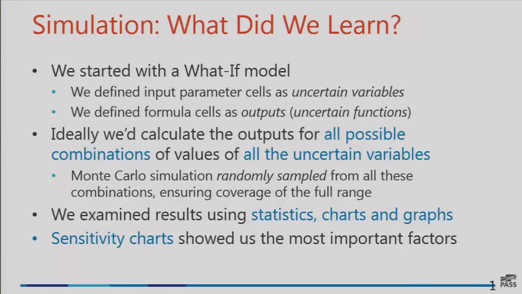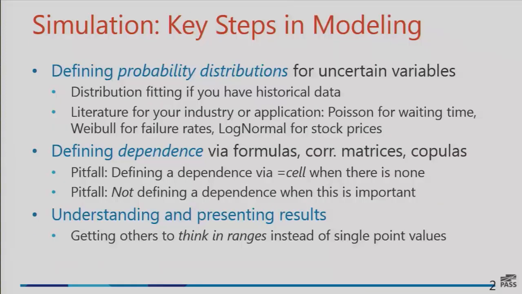And so we do things with Latin hypercube sampling and so on to ensure with high probability that you get that outcome. And if you want, you can run more trials. We could easily run 10,000 trials, or 100,000 trials. And then we examine the results using statistics and charts and graphs. But it's still you who needs to turn those charts into meaning, into insights, into what it's telling you about the business situation.